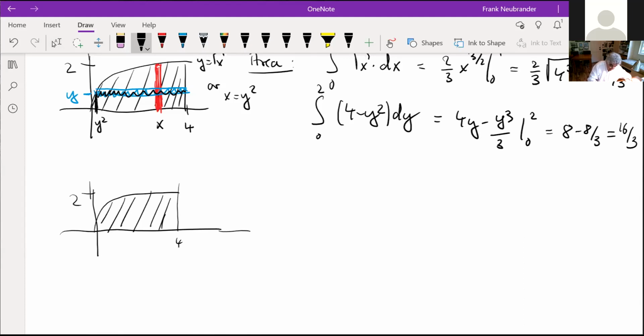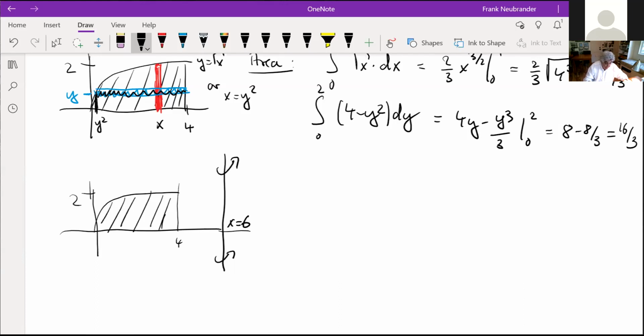And let's rotate it around the axis x equal to 6. If you do this, then you get a ring structure, a spaceship structure, where in the middle a cylinder is missing, and then you have a ring around it.